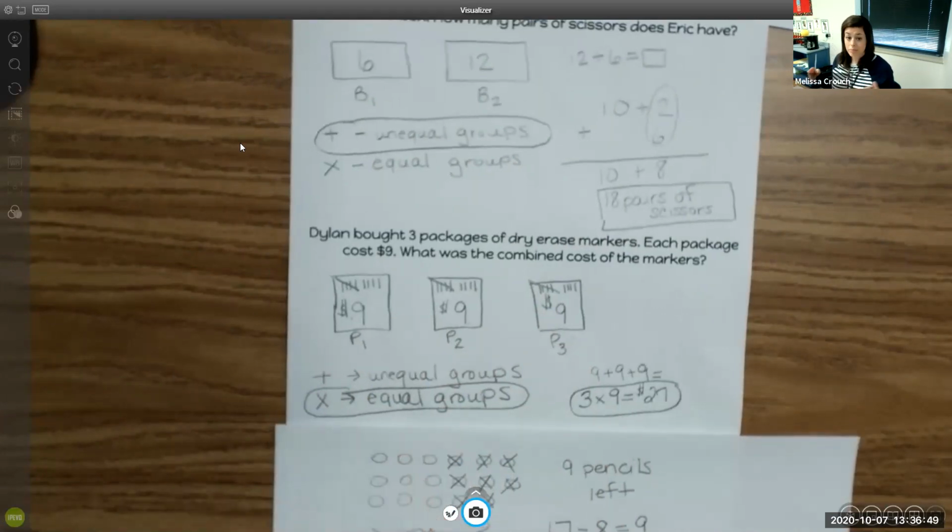How I saw if my groups were equal or unequal was I drew a picture. And drawing a picture is a big deal. So you need to make sure that you're doing that when you're doing your word problems. And that's what your work will be too. You're going to have a word problem, take a picture. So not all the problems are going to be multiplication. Okay, they're not. You need to be really reading and thinking through each one and drawing pictures.